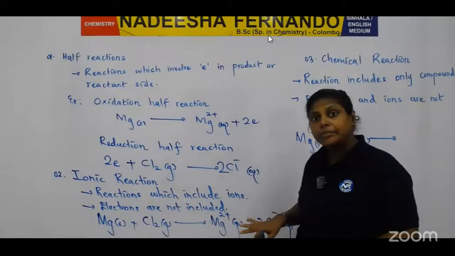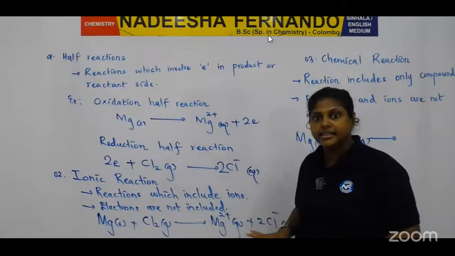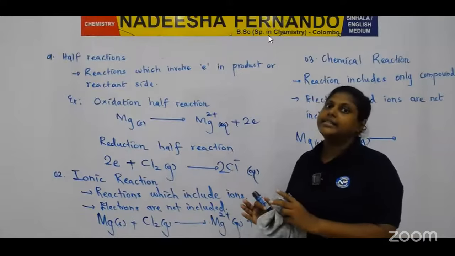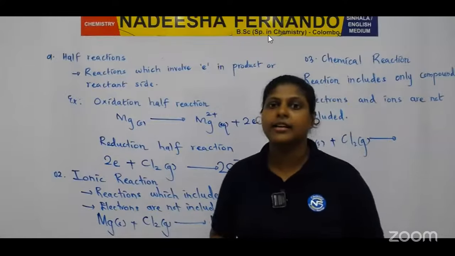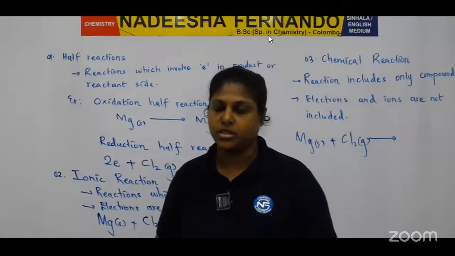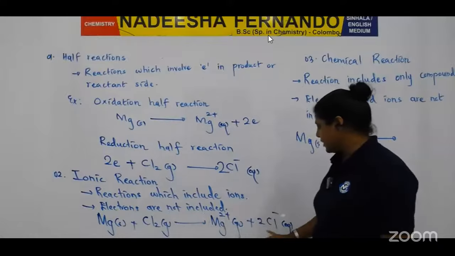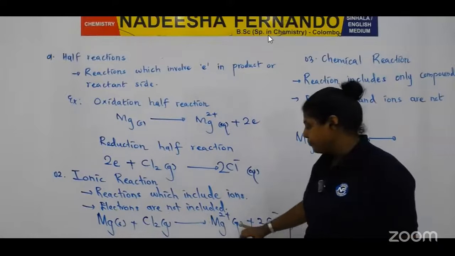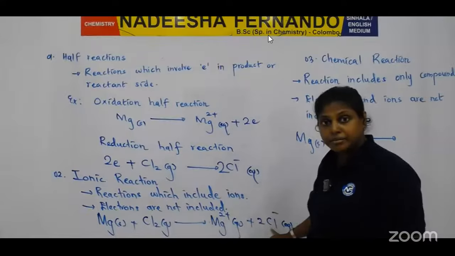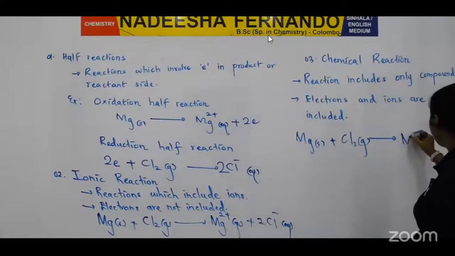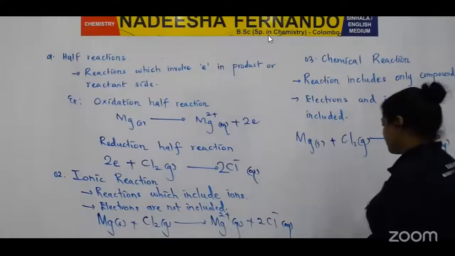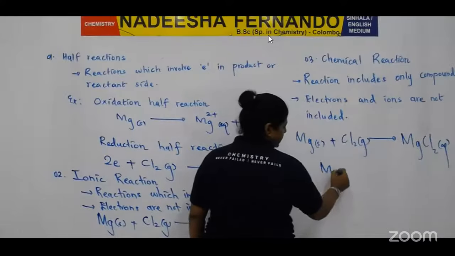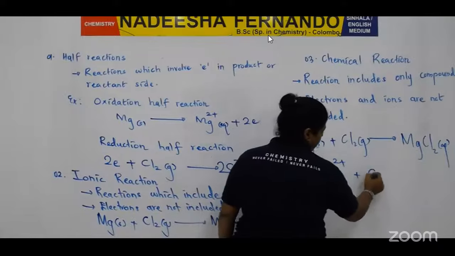We can't keep them as separate ions, so combine cations and anions together and write finally as a compound. So here I have MgCl2 aqueous.